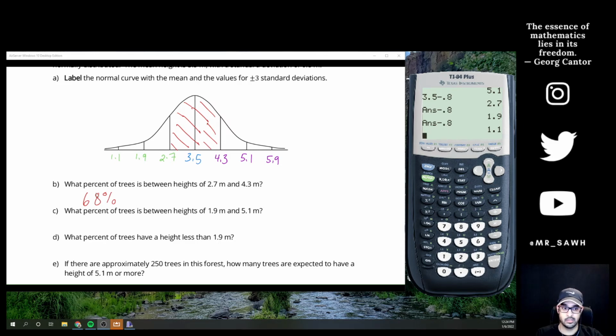Okay, so there it is for B. No real work to do. For C, what percentage of trees is between the heights of 1.9 and 5.1? Well, now I've got a new boundary to think about. Here's 1.9, there's 5.1, and I still have the red part in the middle. So now I'm within 2 standard deviations of the mean, right? And we said that accounted for 95% of all data.